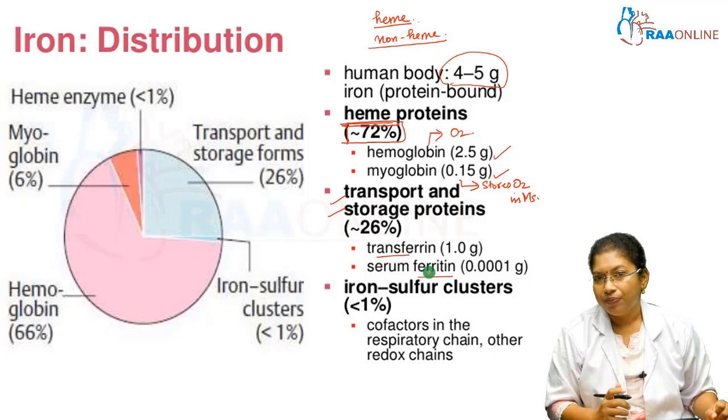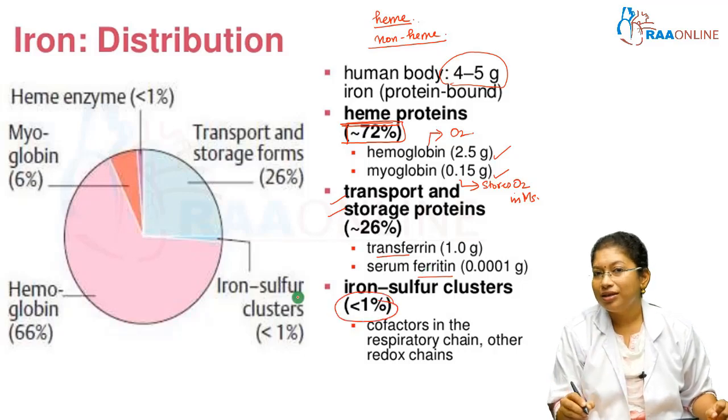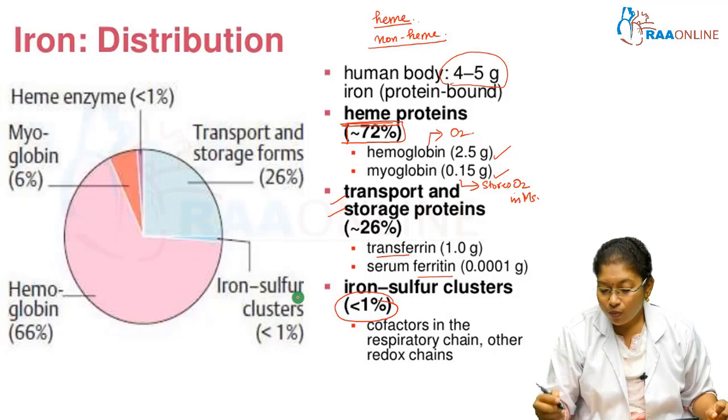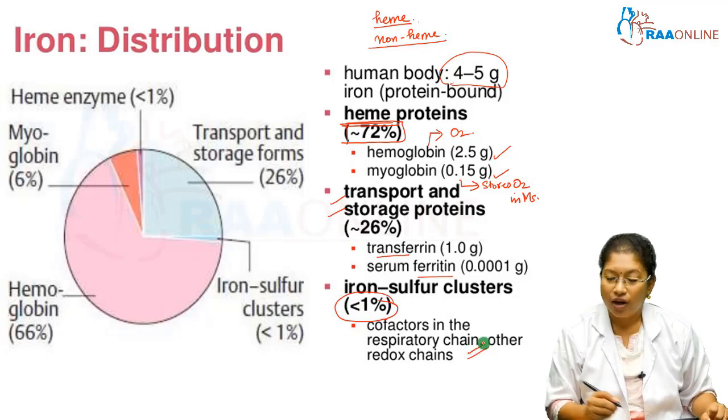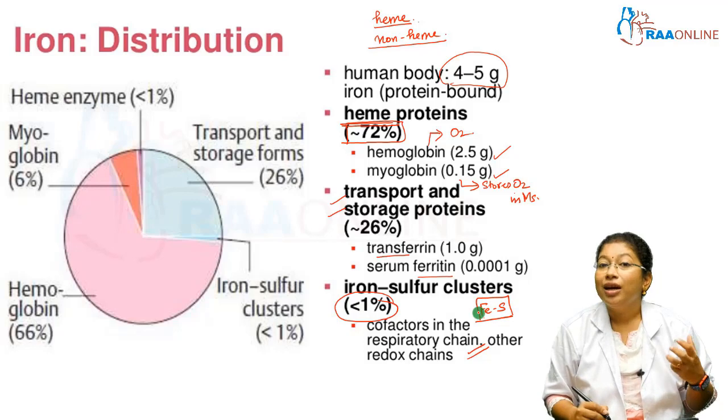And one more thing, in a minor amount, less than 1%, iron combines with sulphur and it is seen as iron-sulphur proteins, which are mostly seen in the respiratory chain. Okay, iron-sulphur protein is present in the complexes of the ETC, your respiratory chain.